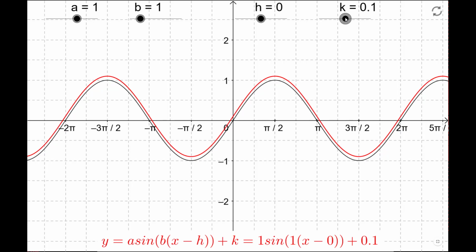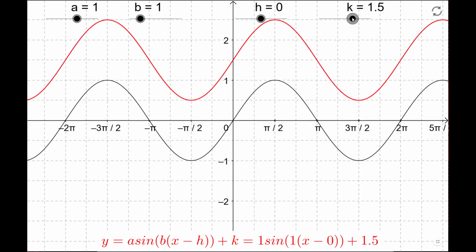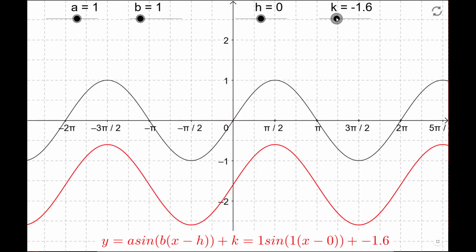What happens if k gets bigger? The graph goes up, and if k goes negative, the graph goes down, right? So k is your vertical shift. So k is the vertical shift, h is the horizontal or phase shift, b is the length of the period, so it's the horizontal stretch, a is the amplitude, it's our vertical stretch.